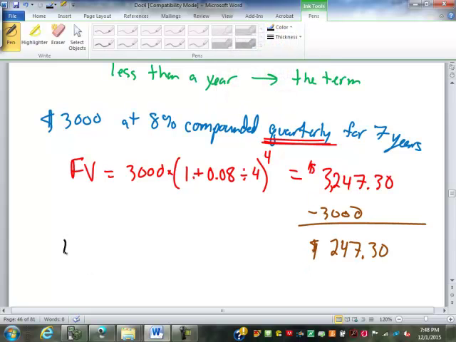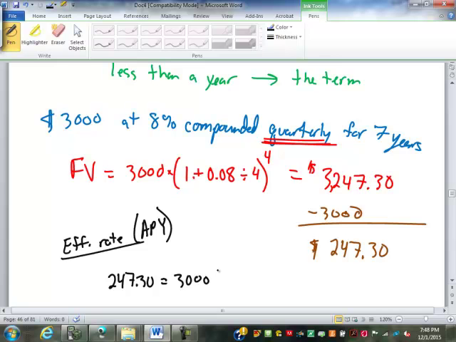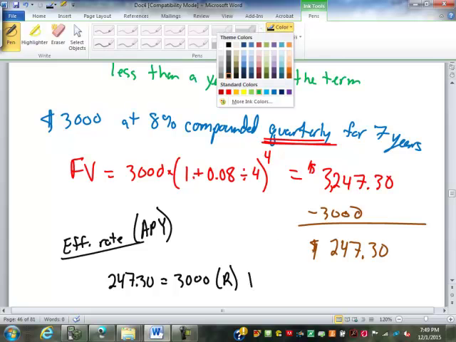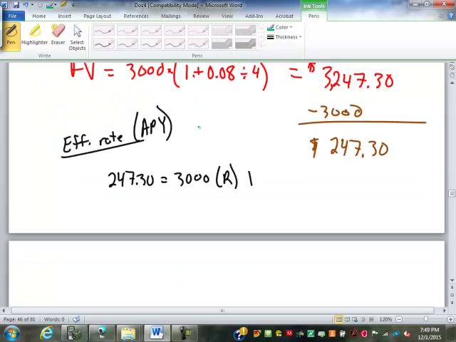So now for the effective rate, sometimes called the yield or APY, we use that as the interest: $247.30 equals 3,000, our principal, times the rate, times 1. Since it's more than a year, we're using the 1 year, so I'm not going to mess around with the 1.